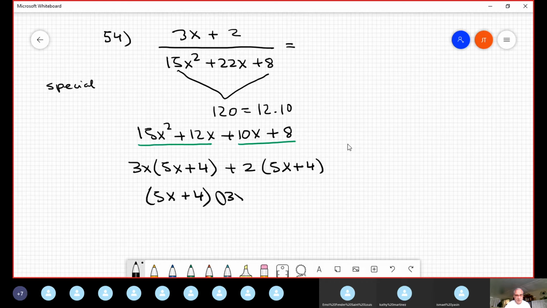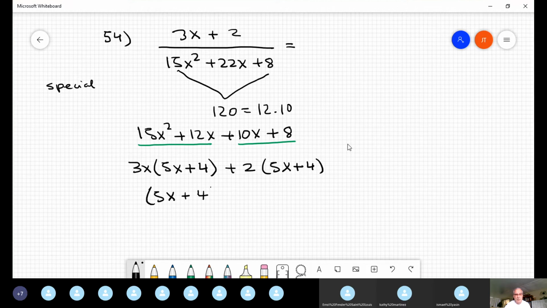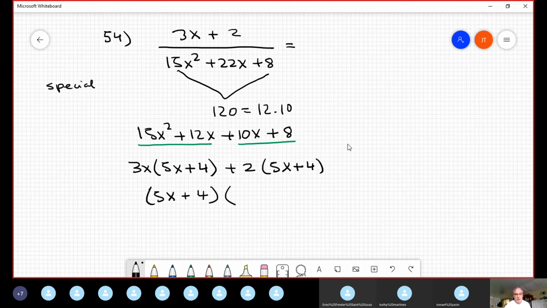Nice. 5x plus 4 in one parenthesis, open another parenthesis, 3x plus 2. Ready, I did the factorization, so I copy. The top stays the same, don't do anything.